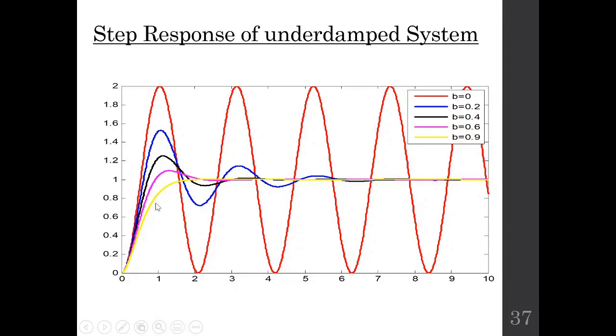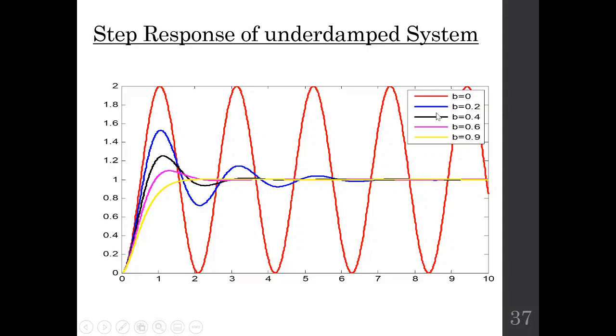This is another graph where we are comparing what happens to the system step response with changing zeta or damping ratio values. Now the B given here actually represents the zeta. So in case you choose zeta to be 0, we'll get a pure sine wave type of response for our system.